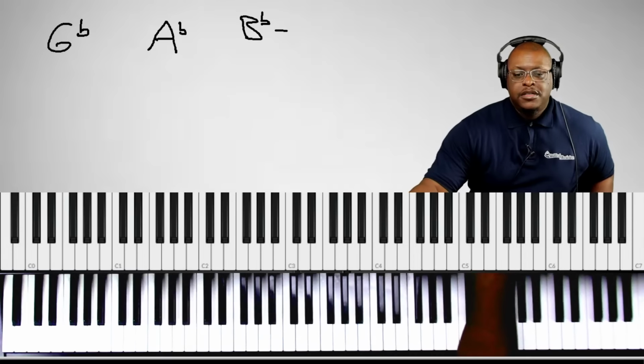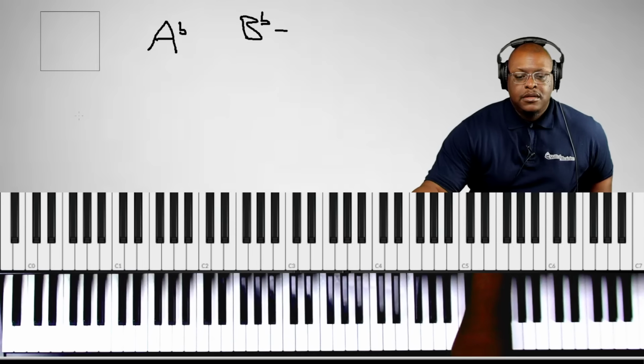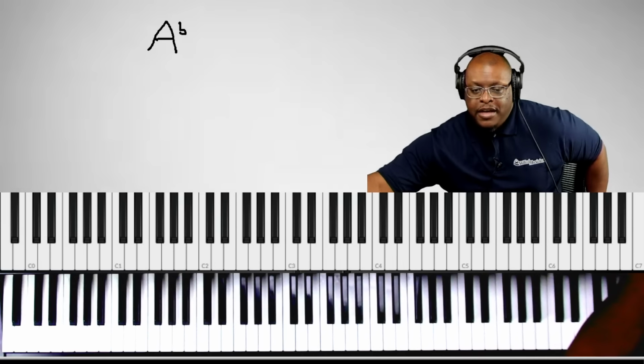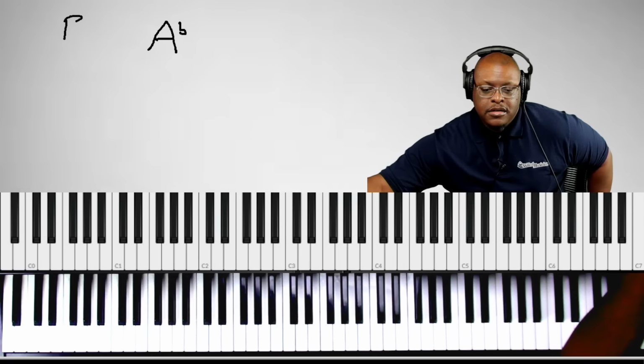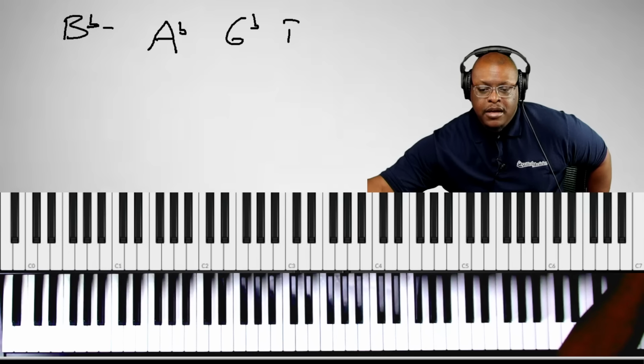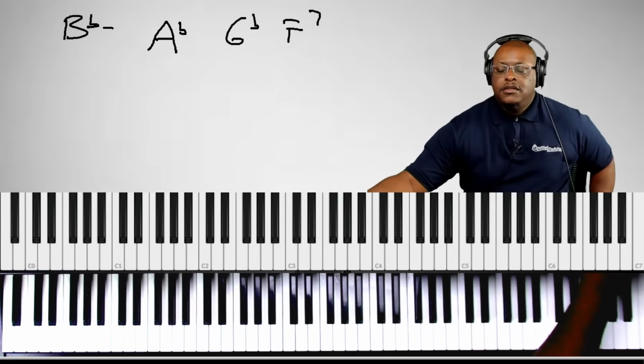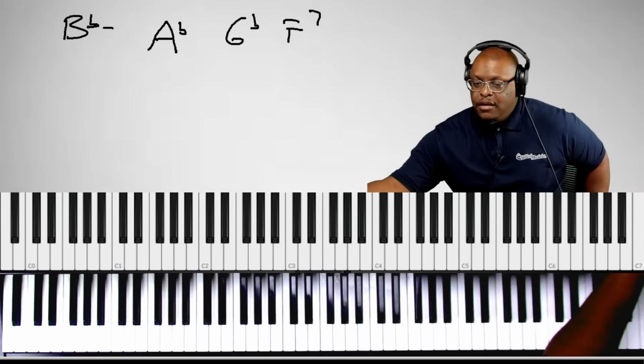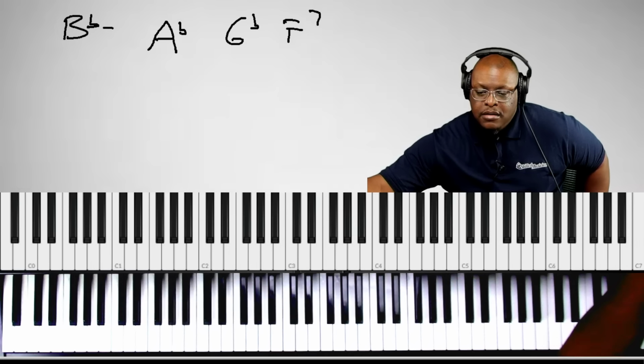Tell you what, let's change the progression. I'm going to do it backwards and have some fun. I'm going to do the B flat minor first. So B flat minor first, A flat, G flat, and then F7. So that's an F. My writing isn't the greatest here.